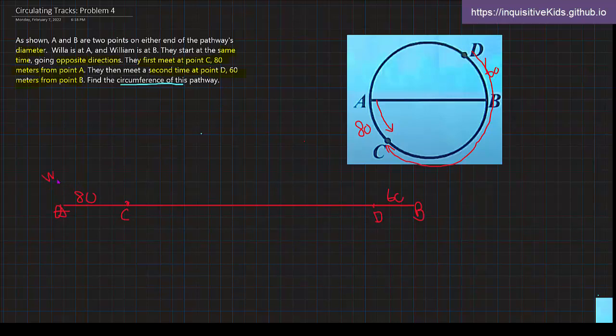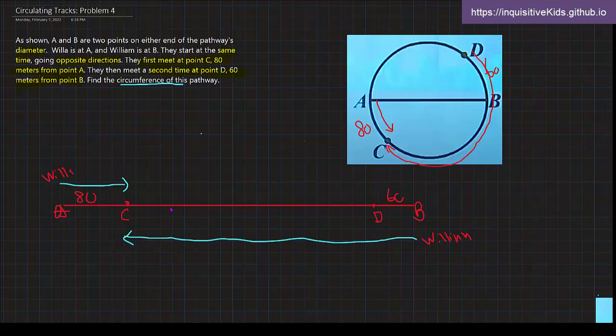This is Willa, and this is William. Willa is at the top. Willa first came here and stopped. William started over here, and he's a bit faster. So he ran all the way to C and met up with Willa.